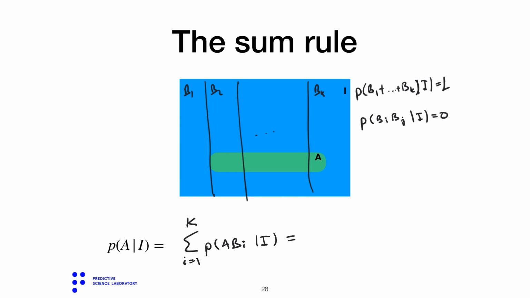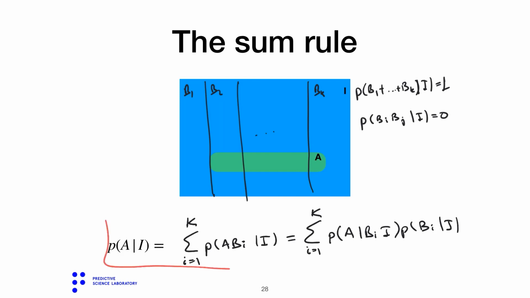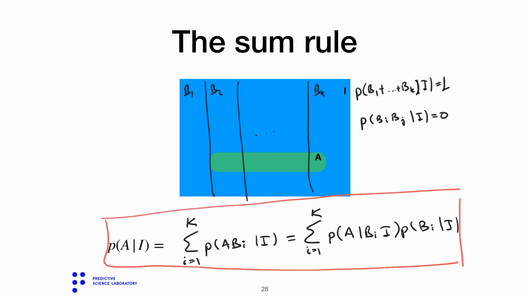And of course, if we apply the product rule for each one of the terms, we're going to get an expression that looks like this: the sum over i of the probabilities of A given Bi times the probability of Bi, like this. Now this is the most general form of the sum rule, and you absolutely need to remember it because we're going to use it about 100 times in this course.